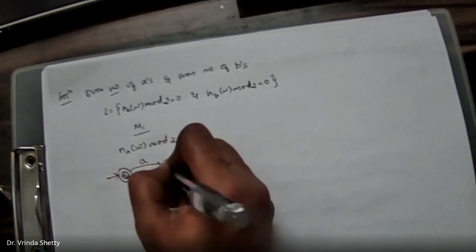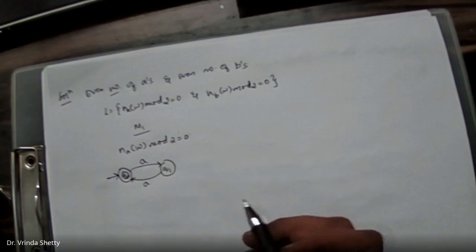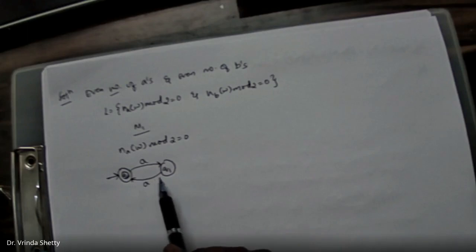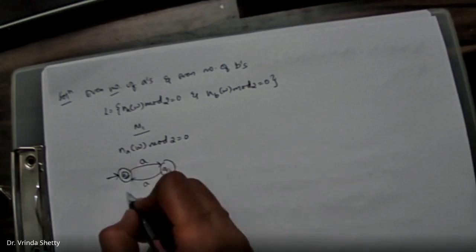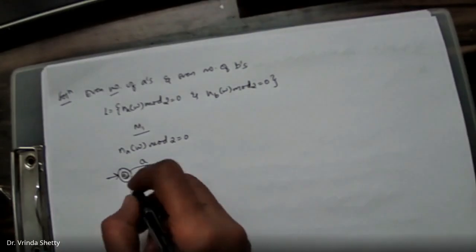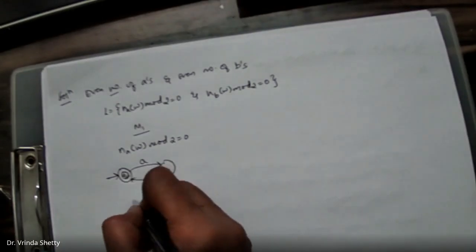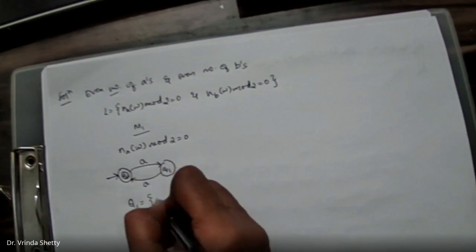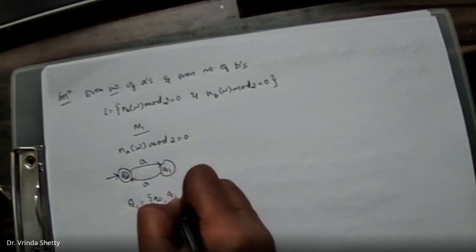This is our state Q0, this is our state Q1. So we have constructed a machine which accepts number of A's in string w mod 2 = 0. We'll write the states as Q1 = {Q0, Q1}.